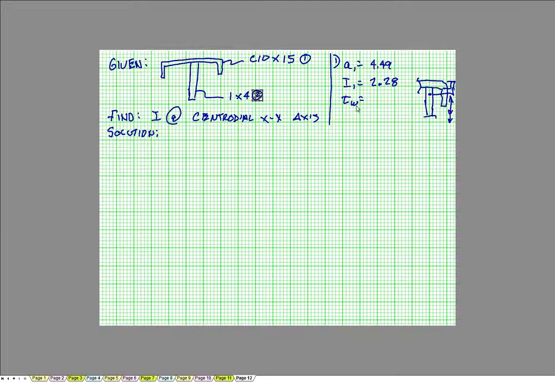So thickness of the web is 0.240. And actually the y-bar, this distance here, is 0.634.